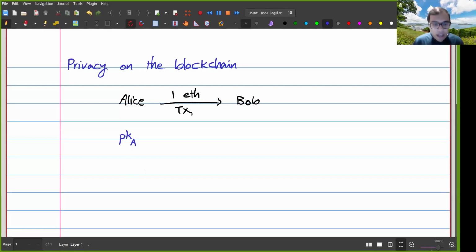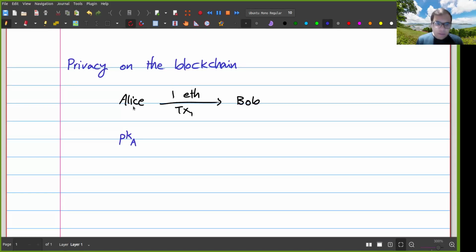I can look into every block starting from the Genesis block, the very first block, and then look at every transaction and see if this particular public key was paid in that transaction, or if this particular public key was spending money in that transaction. So just by knowing one transaction from Alice, I can pretty much find the whole history of everything that she has done on the blockchain.